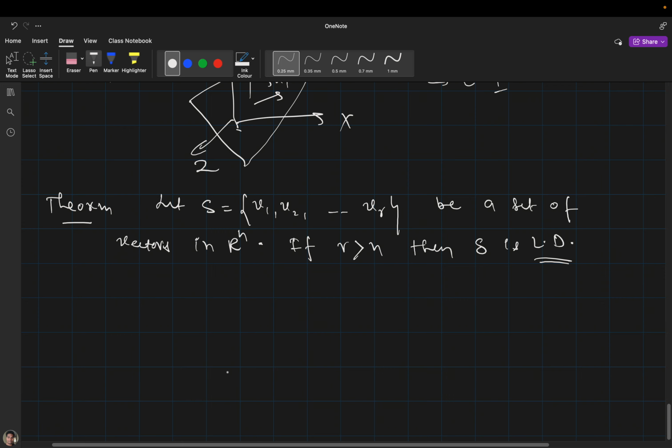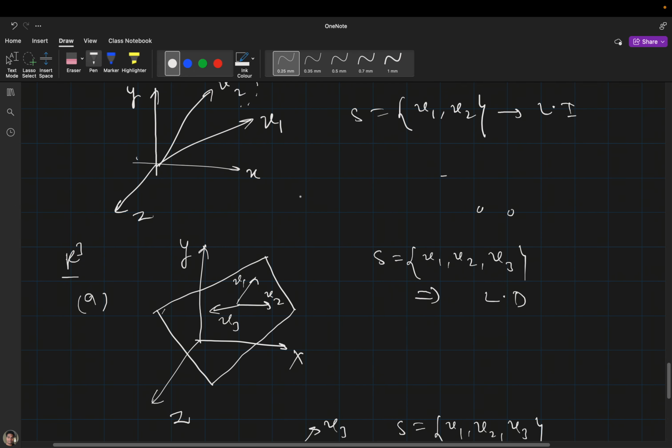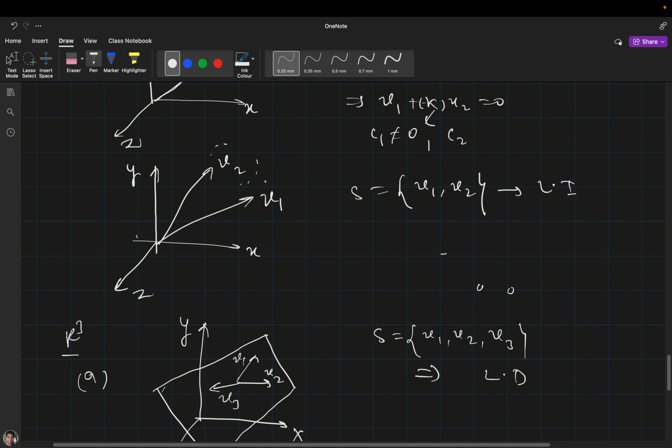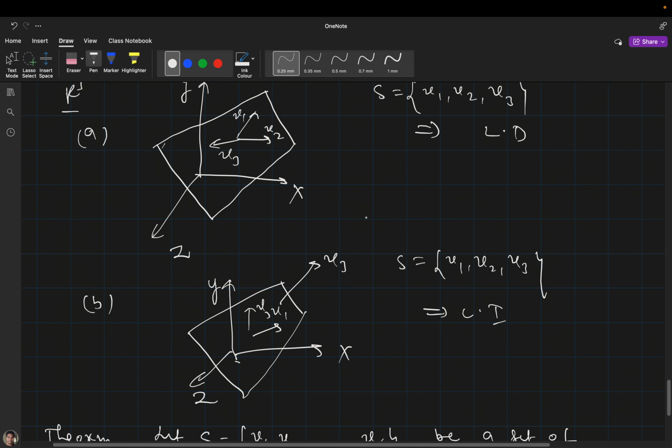Are you getting what I'm trying to say? Here you can see that if you have just two vectors, then those two vectors will always be linearly dependent if those two are parallel. Which means that for a three-dimensional space, to get linear independence, we require exactly three independent vectors to constrain that space.